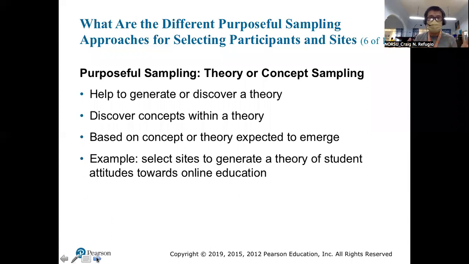As I mentioned, when we say theory or concept sampling, it's actually having that purpose, that from the data collected, you're going to develop or create a theory. If not a theory, it might be a model. Or if not a theory, if not a model, it could be a concept.